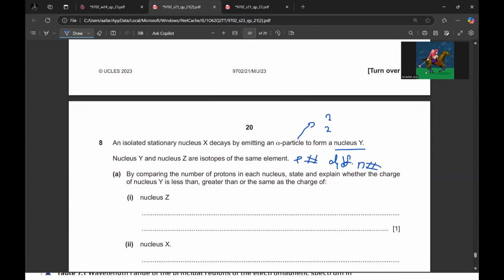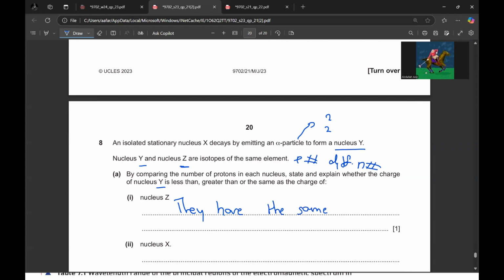And since it's asking about Y, if they are isotopes, they have an equal number of protons, so nucleus Y and nucleus Z have the same proton number.